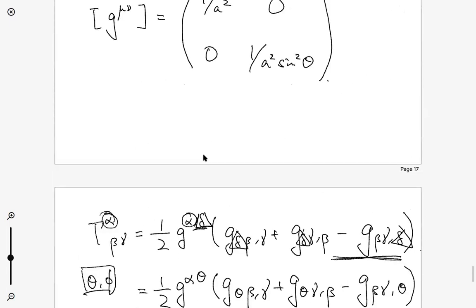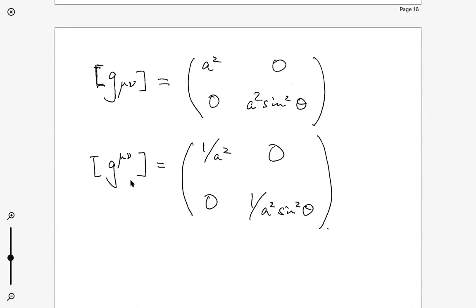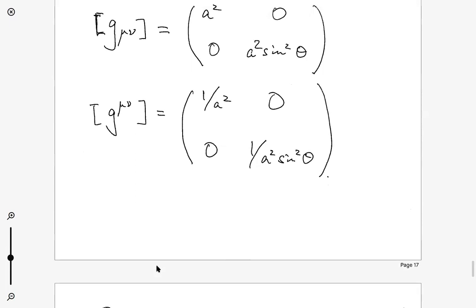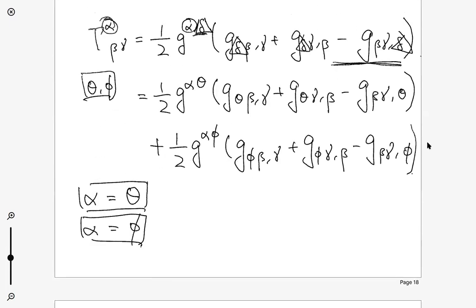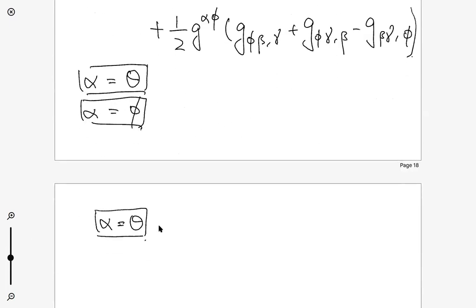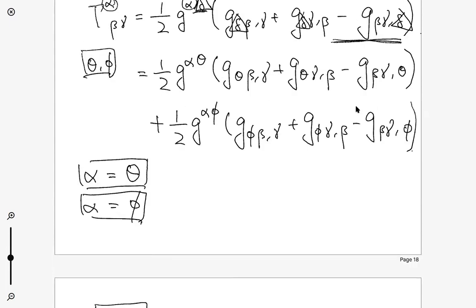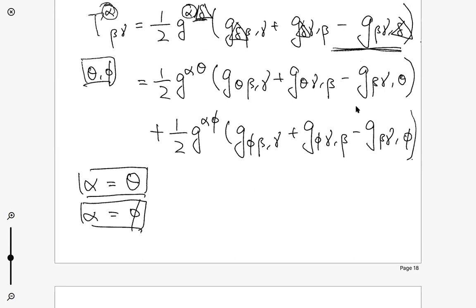And we have derived that even for the inverse metric, the off-diagonal term is 0. So the second line will vanish if alpha is theta. So we only have the first line left, right? Does it make sense?